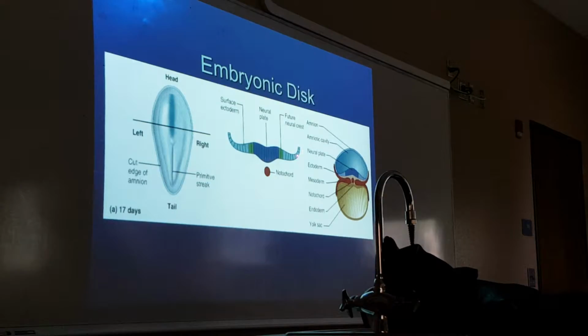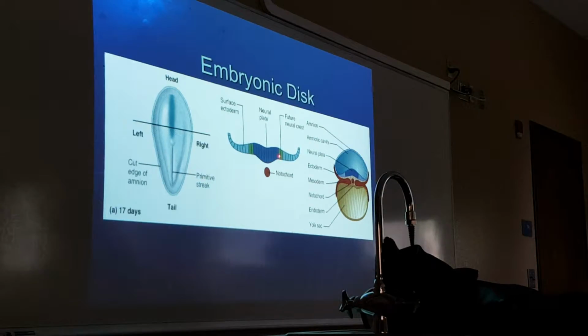And this would be the embryonic disc, and the top is the ectoderm. We're really only showing the ectoderm here. Here we're showing the whole thing: the ectoderm with the amnion attached, and the mesoderm in the middle, and the endoderm on the bottom with the yolk sac attached.